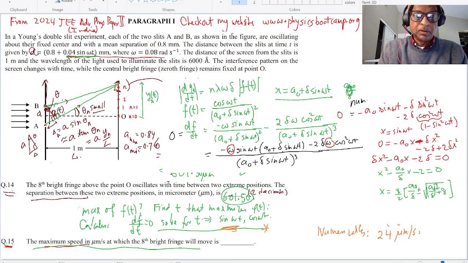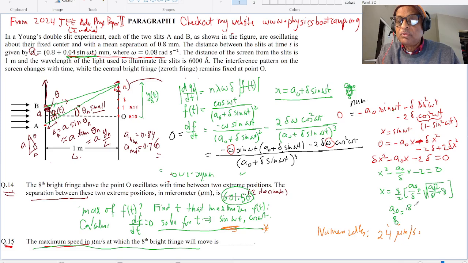So pause the video and carry out some of the steps. a0 over delta, you have 8.8 millimeter over 0.04 millimeter, that's 220, and so this will be 408.